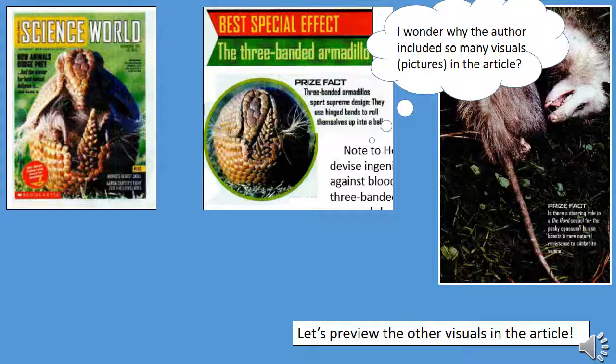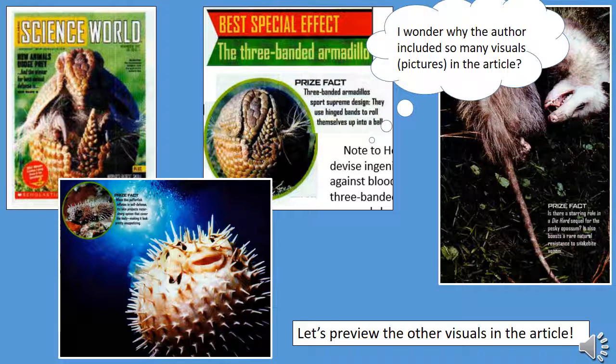Now, in the picture, it kind of looks like that possum is dead. But I wonder if that might be just one of its defense mechanisms. I'm wondering that as I look at that picture. Hopefully you're thinking that too. The next visual I see is a sort of round, spiky looking animal.